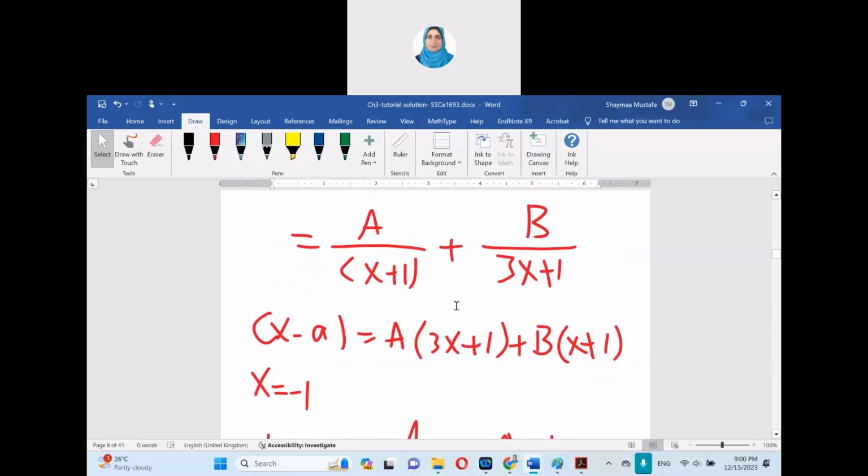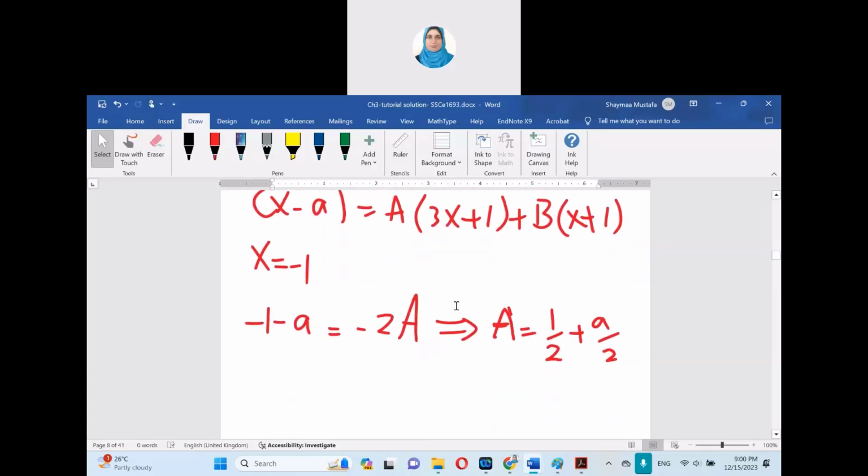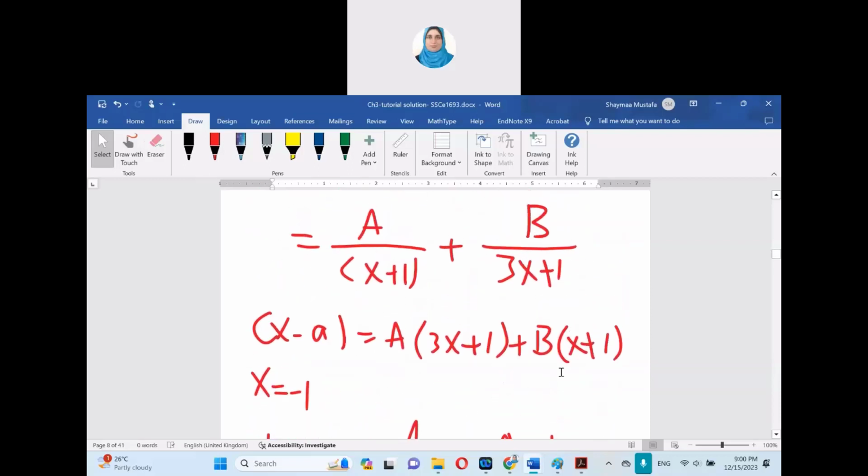Then you need to find the integration and make it equal to 0. If you make x equal to minus 1 over 3, then minus 1 over 3 minus a equals, this term will be cancelled. This one will be 0, because minus 1 over 3 plus 1 is not 0 but the other factor 3x plus 1 is 0.